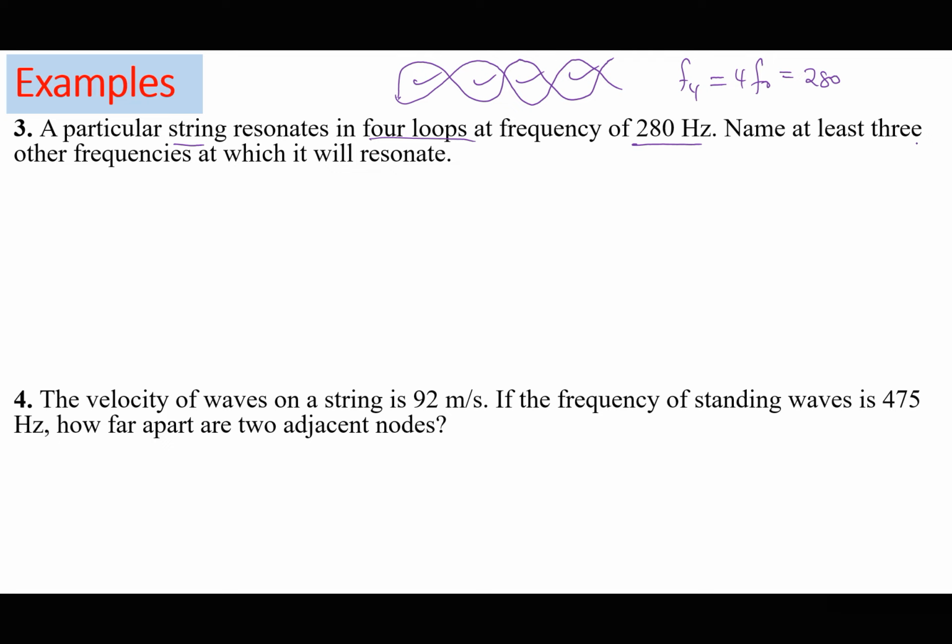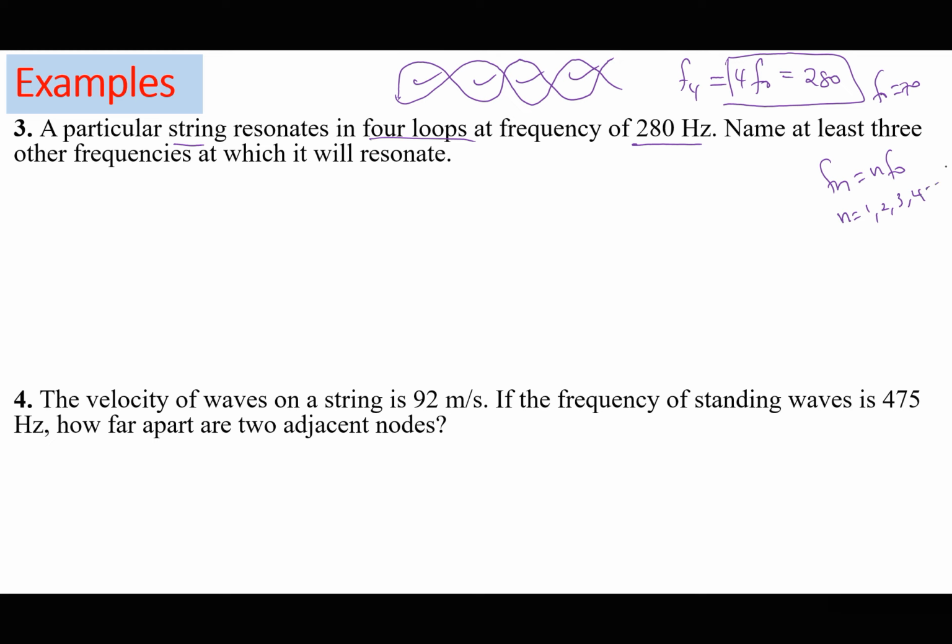Name at least 3 other frequencies. So I first find the fundamental. Here F0 is going to be 280 divided by 4, which is 70. So F0 equals 70. In general for a string, we know that Fn is equal to n times F0, where n is equal to 1, 2, 3, 4, and so on.